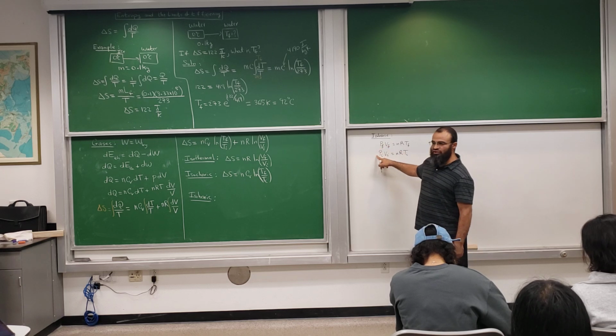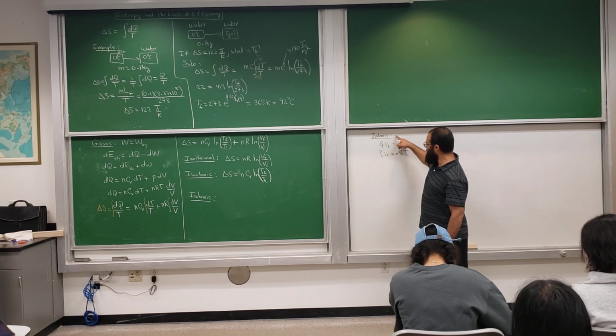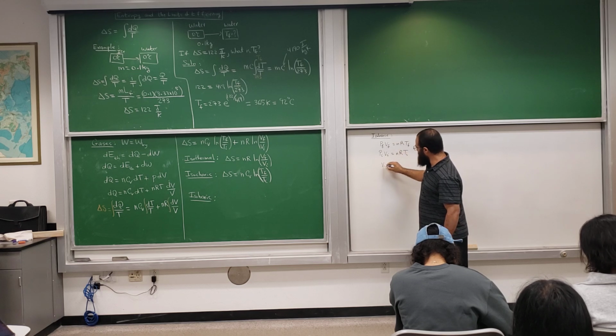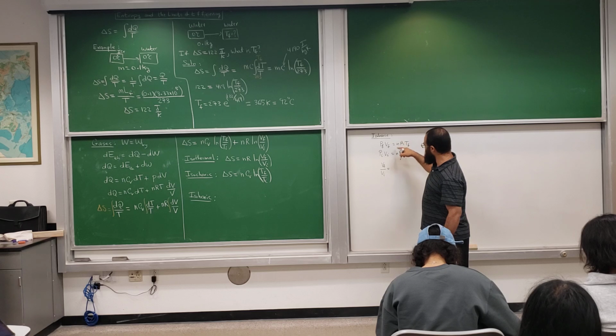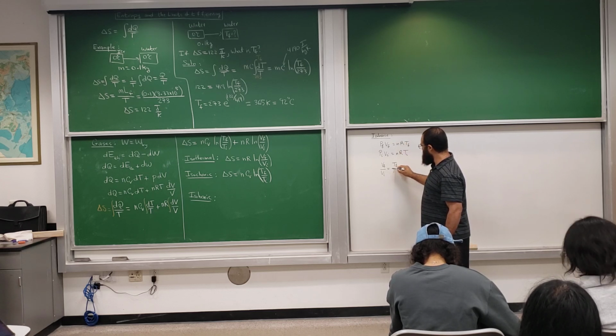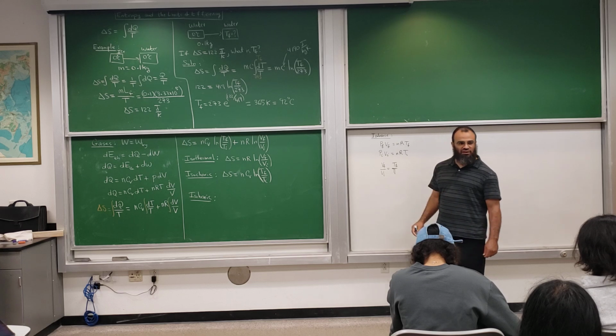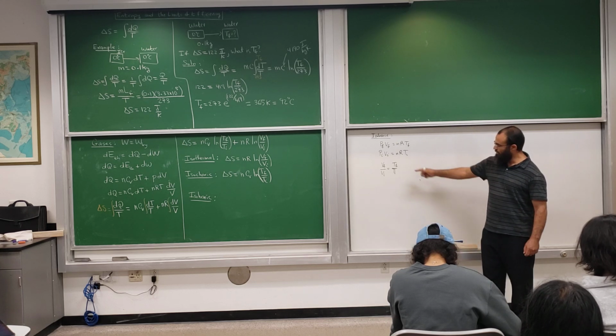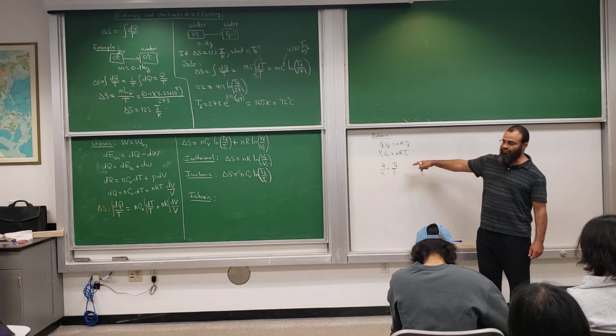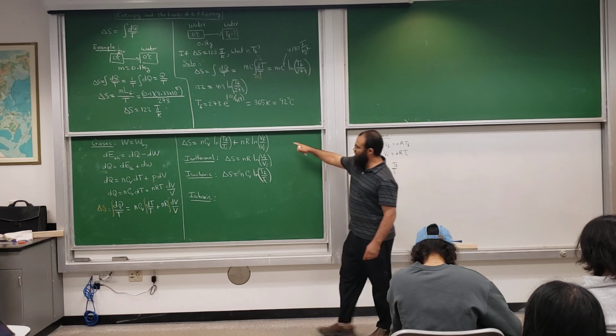P final over P initial would be how much? 1, because it's isobaric, pressure doesn't change. So I get V final over V initial on the left side. On the right side, the nR goes away, so you just have T final over T initial. So we have this equality if it's isobaric. Let's go to this and see what happens.